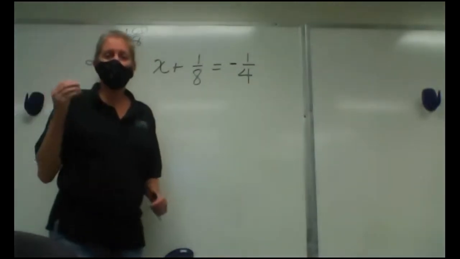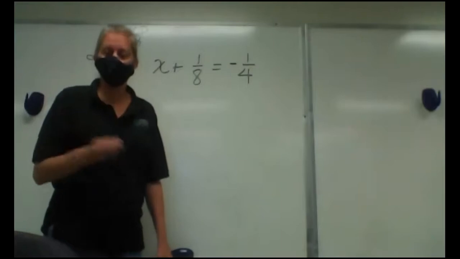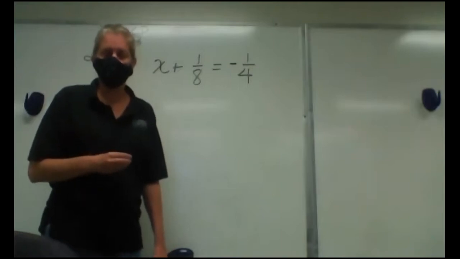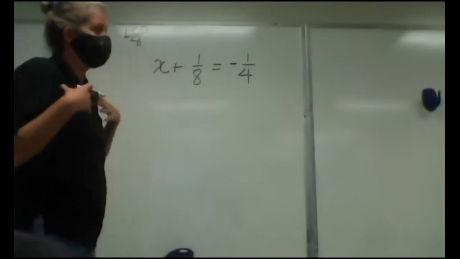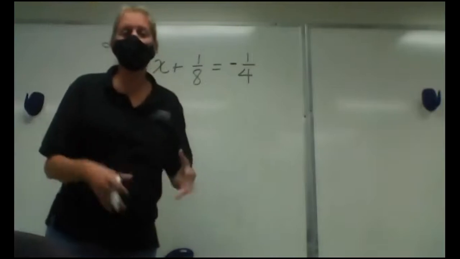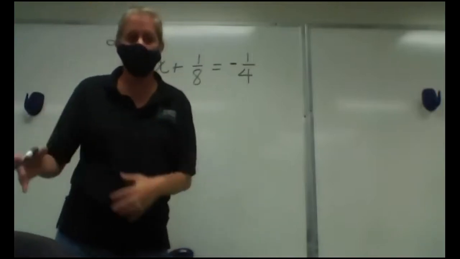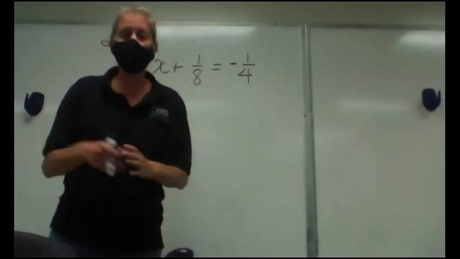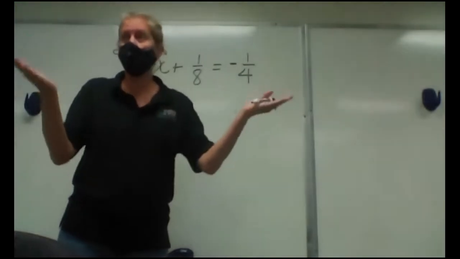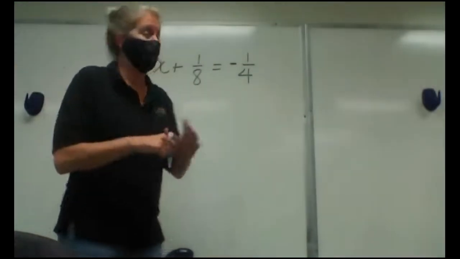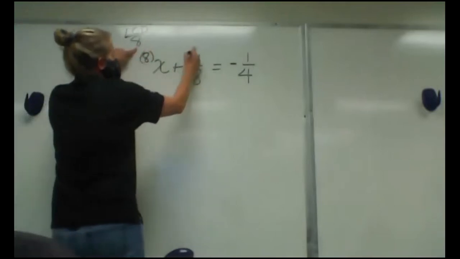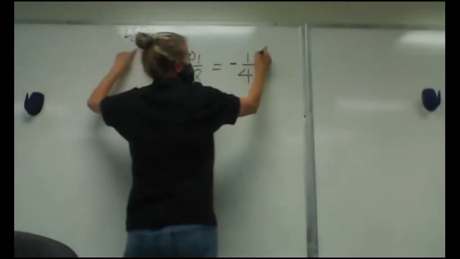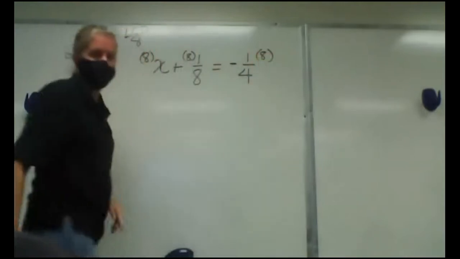Now, we're going to use that 8 to get rid of our fractions. And here's how we're going to do it. The rule says I can do anything to one side of an equation as long as I do it to both sides. If I do it to both sides, I have kept my equation equal. I'm going to use this 8, and I'm going to multiply everybody on both sides by 8, right?